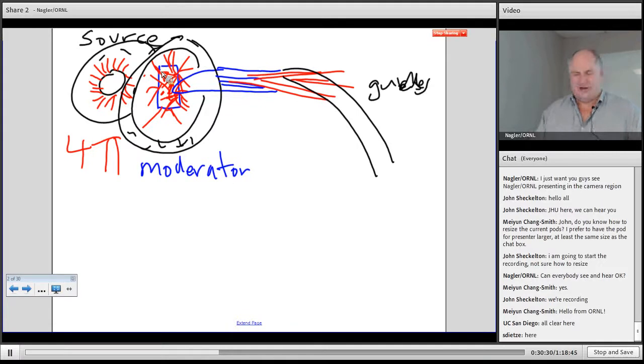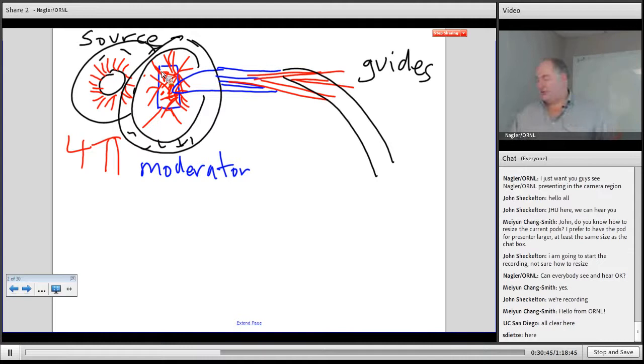You'll have to forgive my writing and my efforts to use this smartboard. There we go. So we have guides. Now you may have guides, you may not have guides, but it's something that we could have. And it's only at this point that finally I now have a beam of neutrons that I can do something with, right?